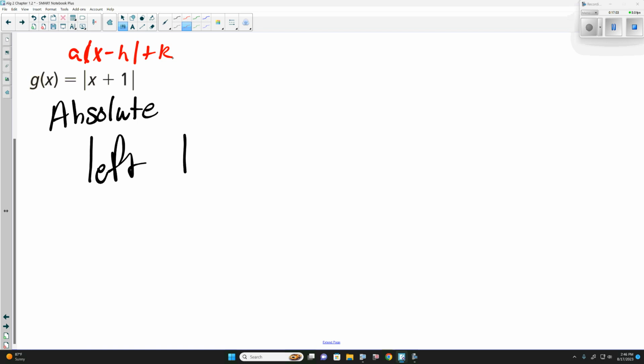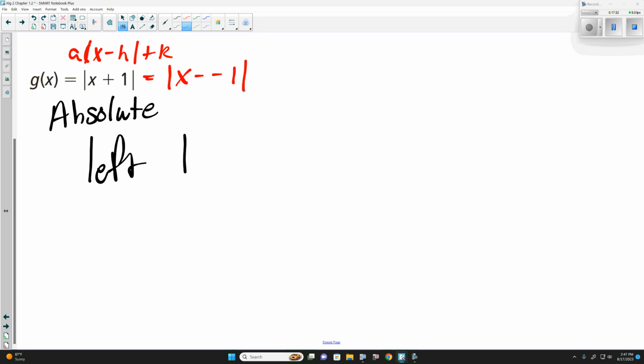But in our equation, it's not a minus, it's a plus. What is the only way I can turn that minus into a plus? Is with another negative. So really what this is telling us is that this is the absolute value of X minus negative 1. So what is the actual value of H? H is negative 1. So it is a negative value, which means we would move to the left.